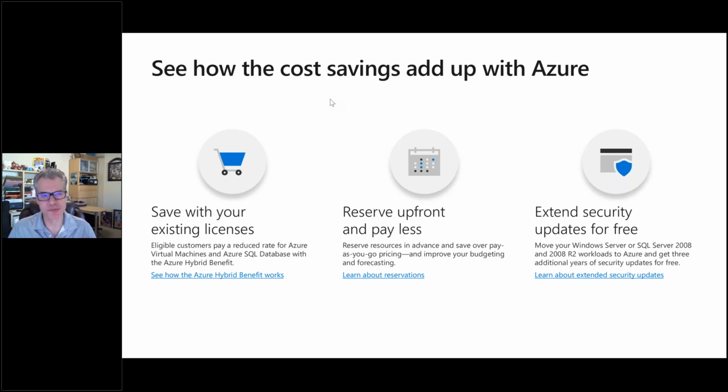You just have to commit to it up front. You can save on those resources another 40-45% depending on the size of the machines that you're talking about, and still pay monthly. So you can get the benefits of a 1 year or 3 year commitment without having to write a check 1 year or 3 years in advance. Now you combine that with the hybrid use benefit, and you can get some very, very significant savings.